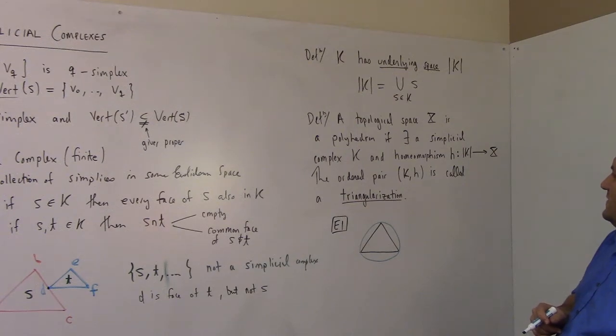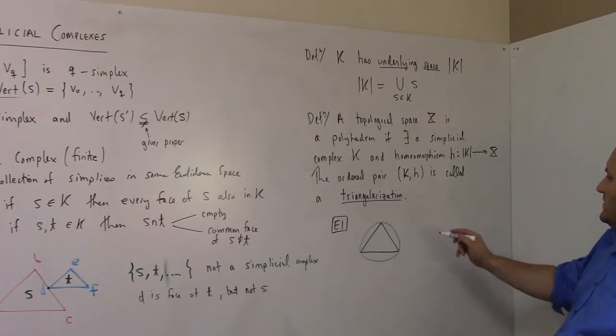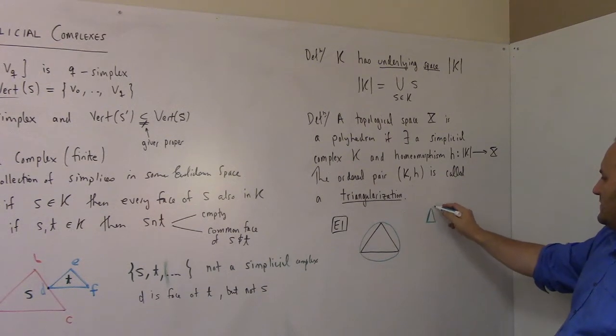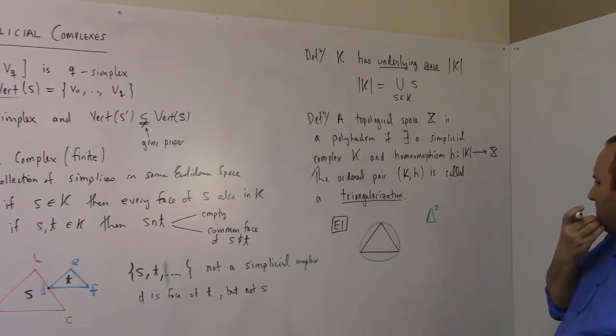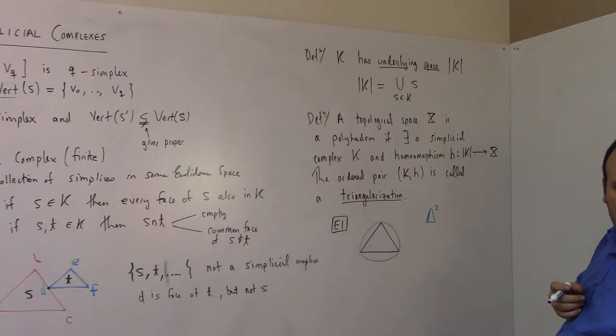Delta 2, right? What is delta 2? Maybe I've forgotten. It's kind of like the entire triangle in itself, but the K that we're looking at is just the vertices and the edges.